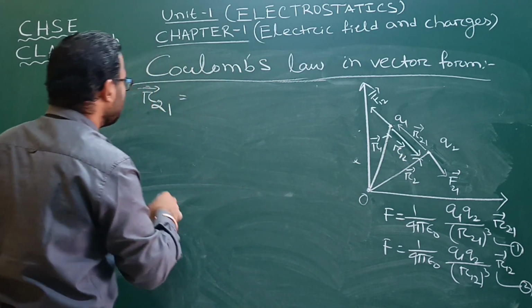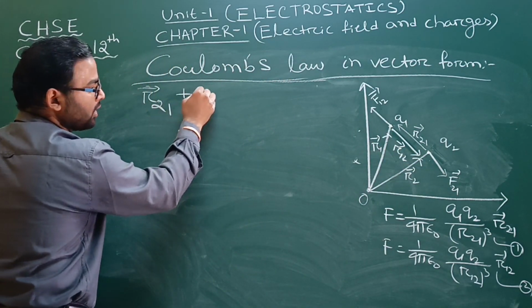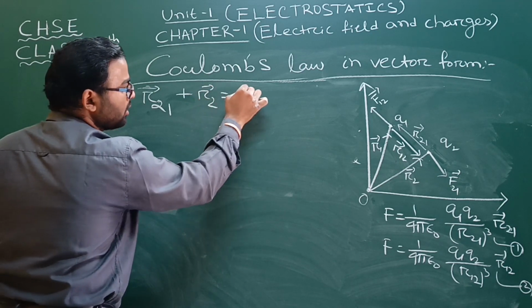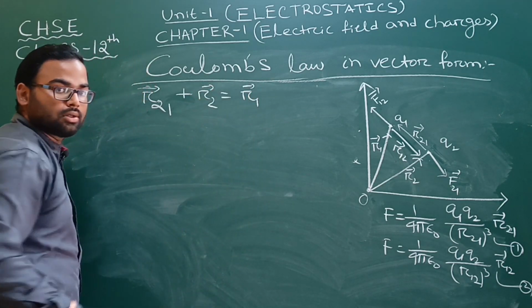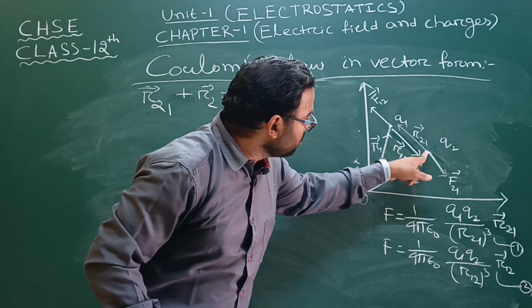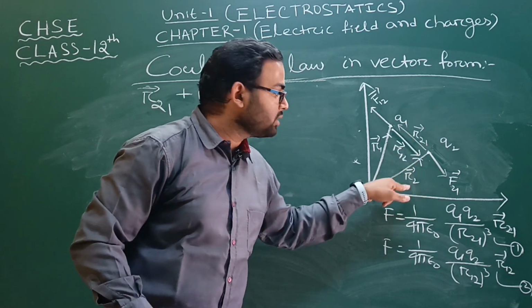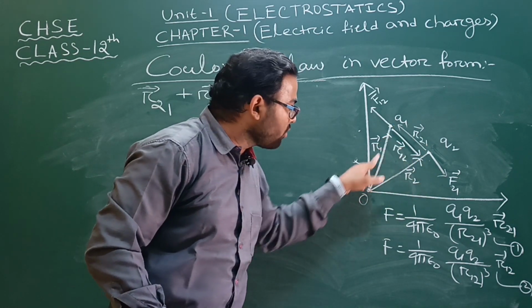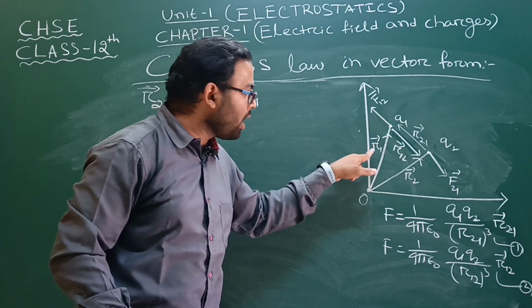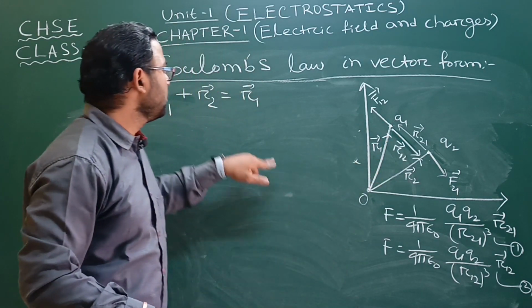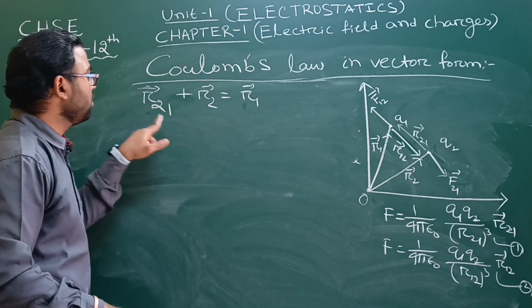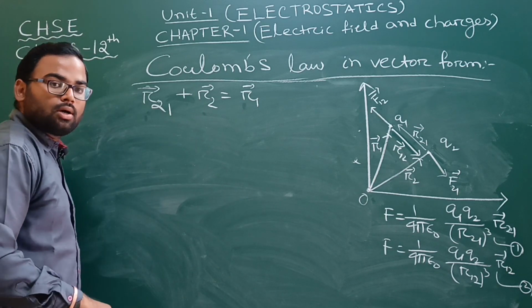So I can write R21 plus R2 vector is equal to R1 vector, because R2 and R21 are acting simultaneously and R1 is opposing them. So R1 will be the resultant. So resultant R1 vector equals R21 vector plus R2 vector.